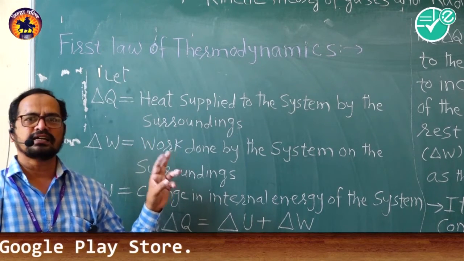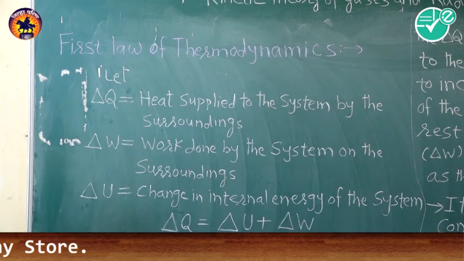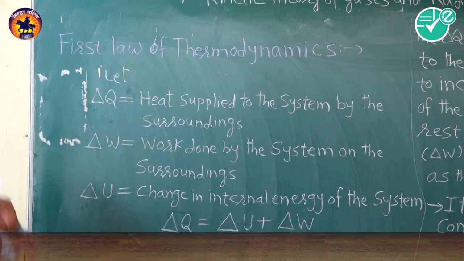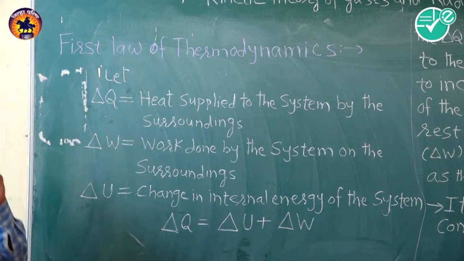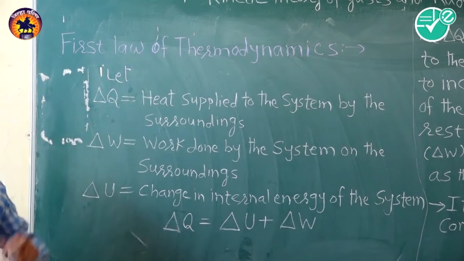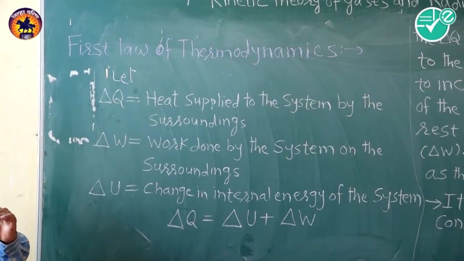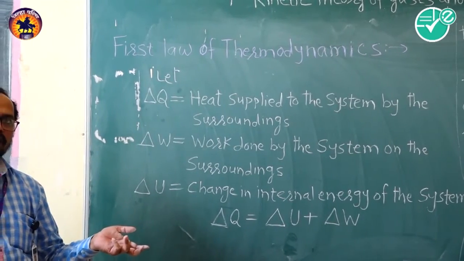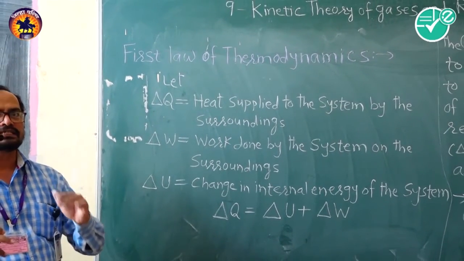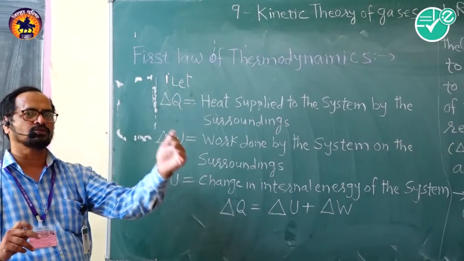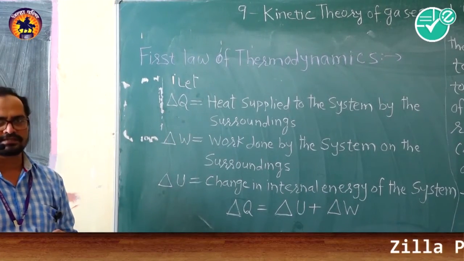We have studied that the thermodynamic system, or we can also call it only the system, is isolated from the surroundings. So if there is heat transfer from the surrounding to the system, there should be some work done, and there should be a change of energy from one place to another place.